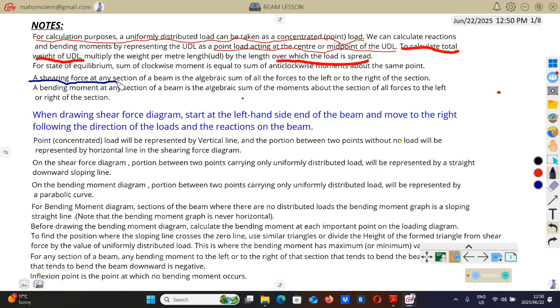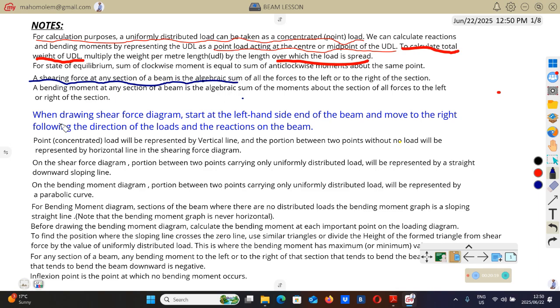Make sure that you know it, as sometimes they will ask you to define it. The shear force at any section of the beam is the algebraic sum of all the forces to the left or to the right of the section. We'll see that.